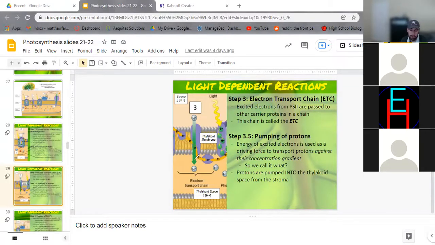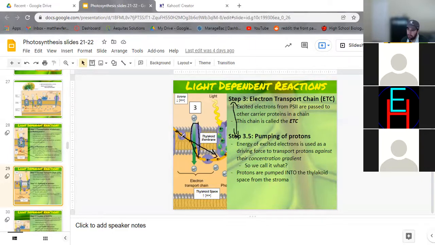Again, very aptly named. The ETC is the place where electrons are transported in a chain from carrier to carrier to carrier. However, I have this broken up into step 3 and step 3.5 here, because one of these electron transport proteins is actually a proton pump.